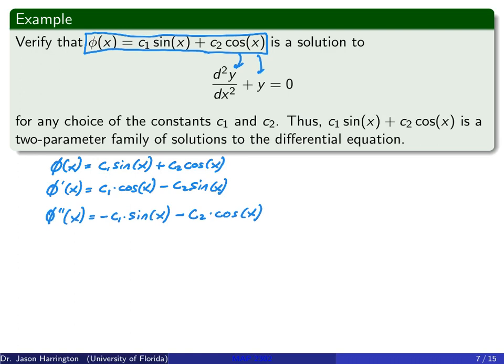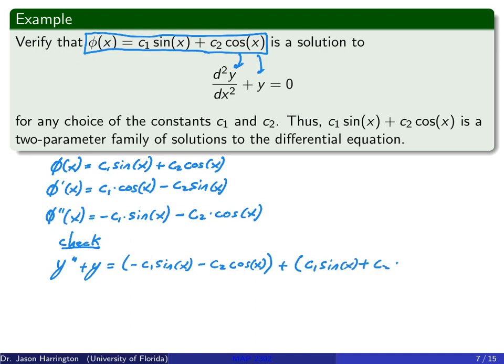So now I check, and I have y double prime plus y. Well, if I put that in there, I'm going to have negative c1 sine of x minus c sub 2 cosine of x plus our y, our phi in this case, c sub 1 sine of x plus c sub 2 cosine of x.